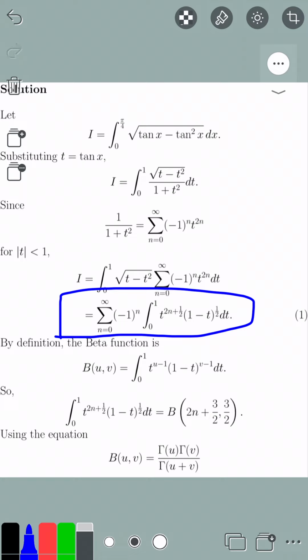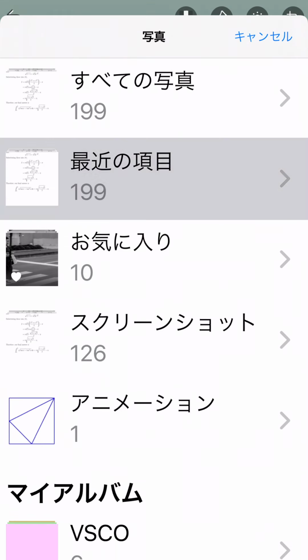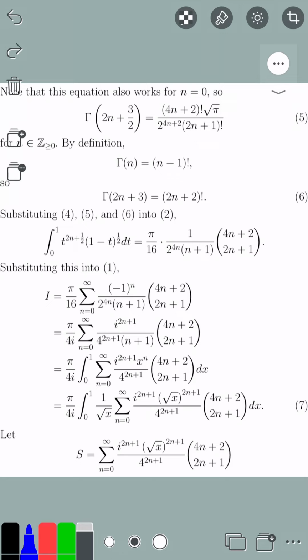So I is equal to the sum from n equals 0 to infinity of -1 to the nth power times that integral, and then we substitute the result for this integral into this sum, and we get the integral I is equal to pi over 16 times the sum from n equals 0 to infinity of -1 to the power of n over 2 to the power of 4n times n plus 1 times 4n plus 2 choose 2n plus 1.